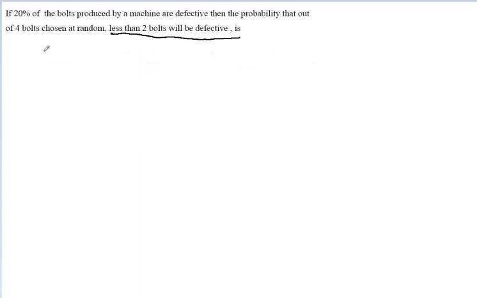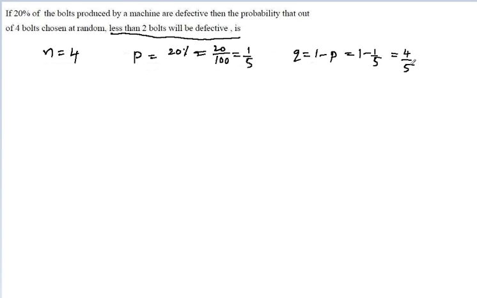Here the number of bolts is given, that is n is equal to 4, and p is given as 20%, since 20% of the machine's output is defective. 20% means 20 by 100, that is equal to 1 by 5, and q is equal to 1 minus p, that is equal to 1 minus 1 by 5, that is equal to 4 by 5. Here it is asking less than 2 bolts, that is P of X less than 2, that means P of X is equal to 0 plus P of X is equal to 1.